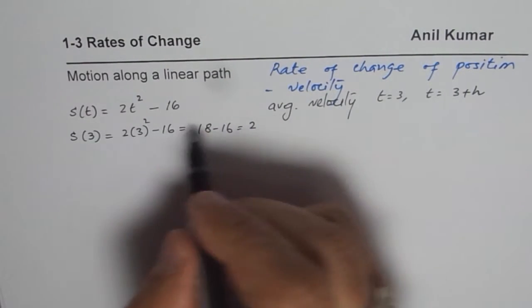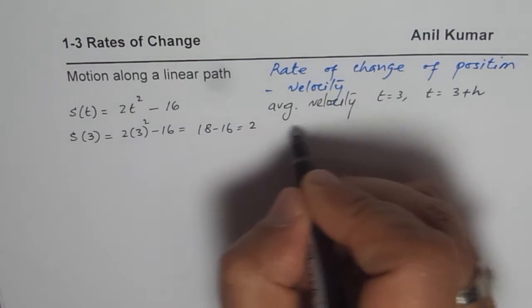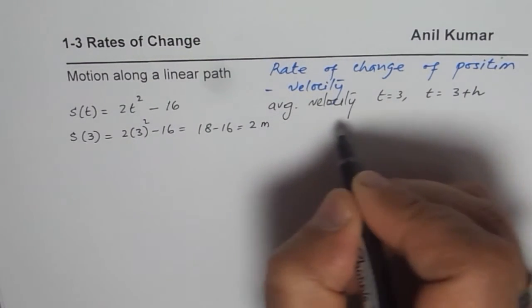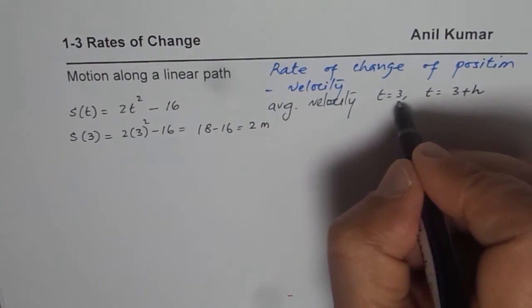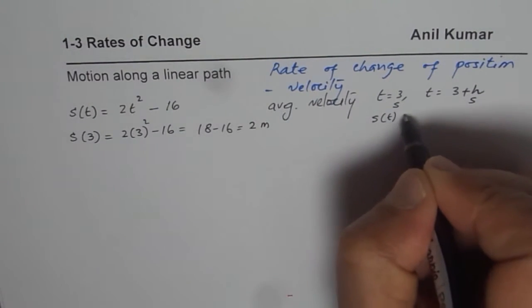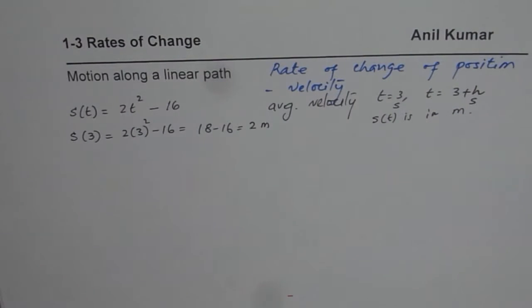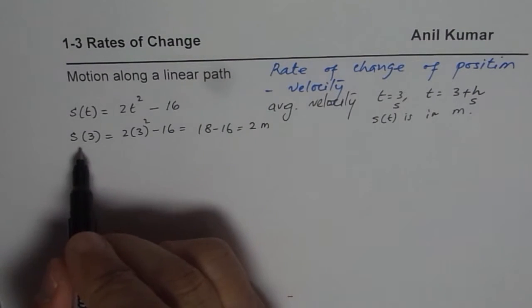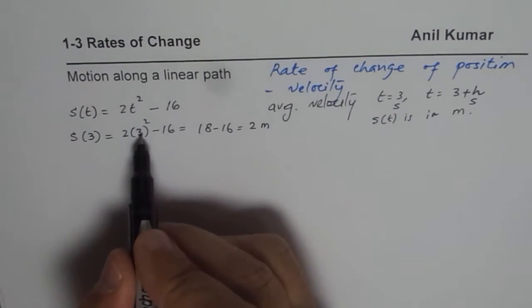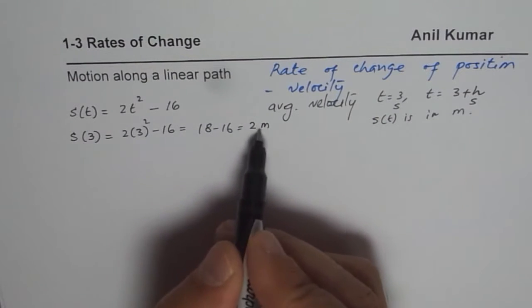We are assuming the distance is in meters and time is in seconds, so s of 3 is 2 meters. You substitute 3 here: 3 square is 9, 9 times 2 is 18, 18 minus 16 is 2 meters.